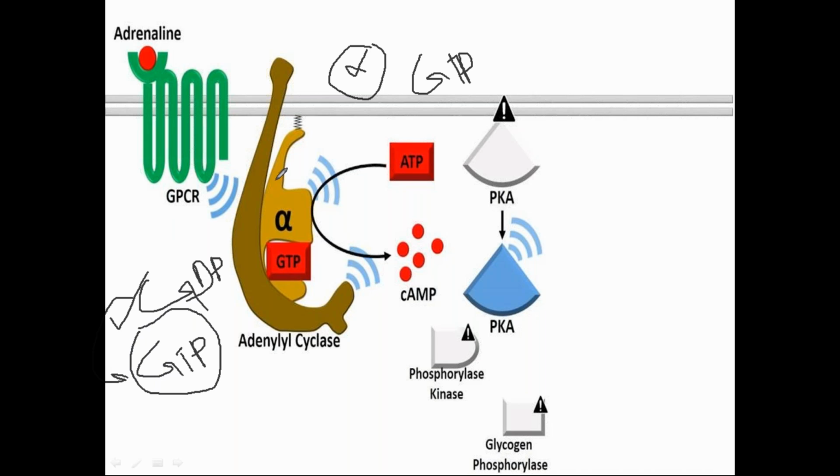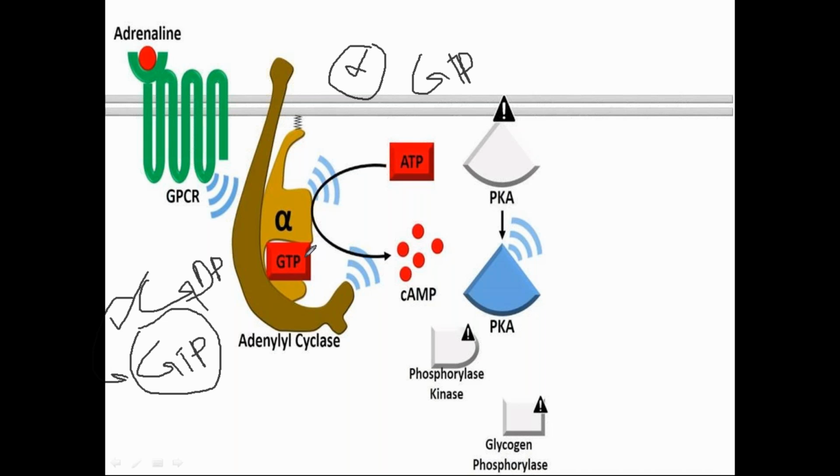As soon as this GTP is binding, the alpha subunit will be activated, and it will go and do its function. Whatever we have seen, it has so many functions. So for that to happen, it is important that the alpha subunit should be bound to this GTP.